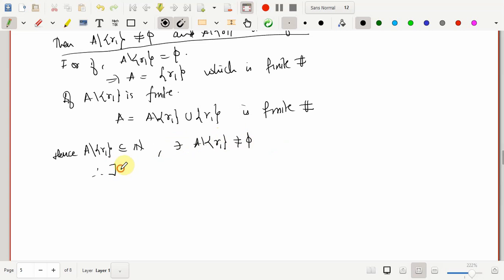Therefore, there exists R2, the least element of A difference R1. R1 was the least among all of A, and R2 is one element from A, so obviously R1 has to be strictly less than R2. R1 cannot be equal to R2. So R2 belongs to N, and R2 is the minimum of A difference R1. Therefore R1 has to be less than R2.